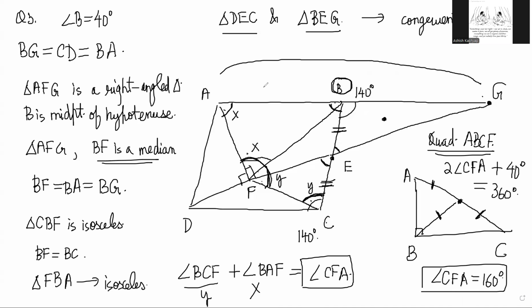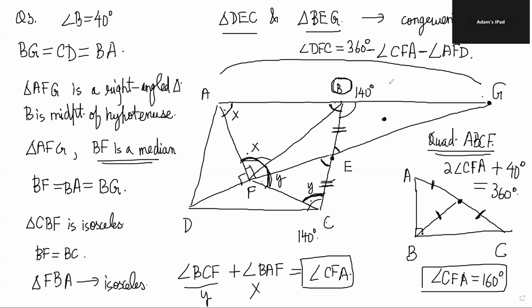Angle DFC is equal to 360 minus angle CFA minus angle AFD, right? But we know CFA is 160 and AFD is 90. So this is 110 degrees, right? Which is what we wanted.